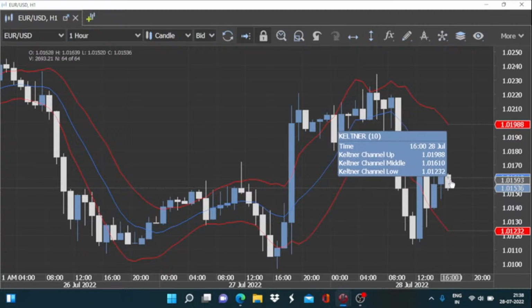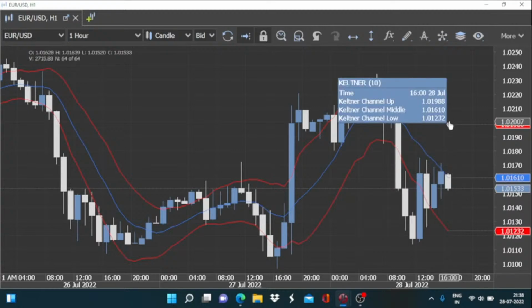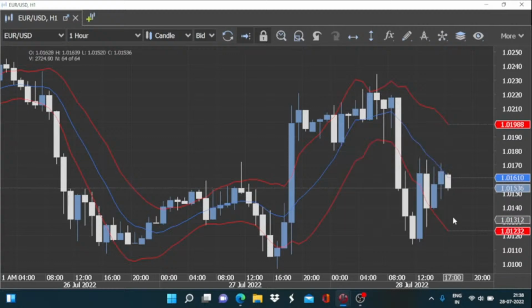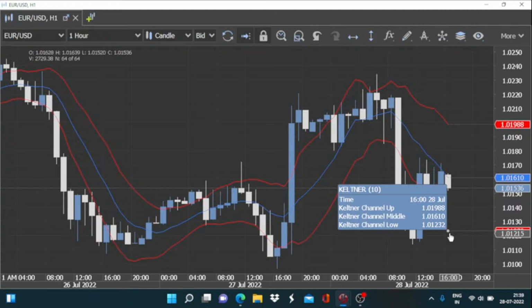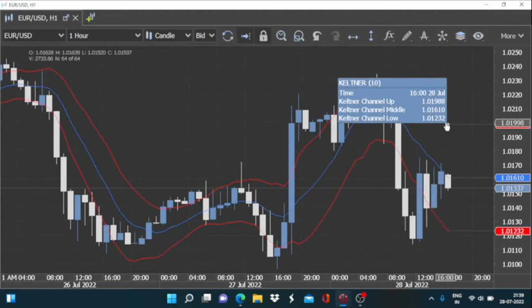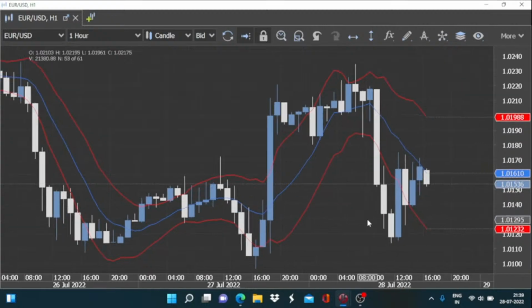So we use the same candle period for calculating the ATR, and then we add it to arrive at the channel up, and we subtract that same value from this EMA to arrive at the channel low. So we get the upper band and the lower band using the EMA and the ATR values. So we get a good idea of the volatility and the trend.